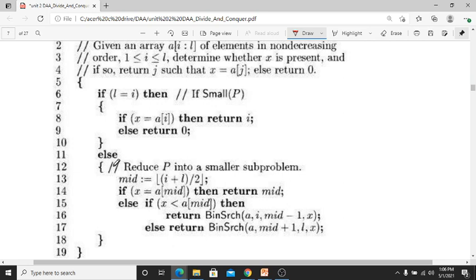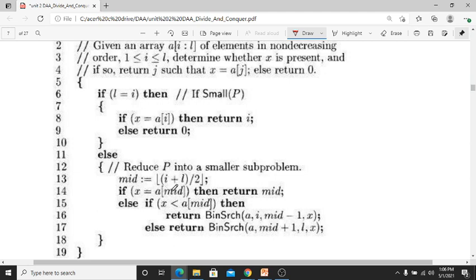Else reduce P into a smaller subproblem. First it is checking whatever you are looking for. If it is the same, then it will return the value we are getting here, and we will display it. If whatever you are searching for is not found, then it will reduce the problem to a smaller problem.